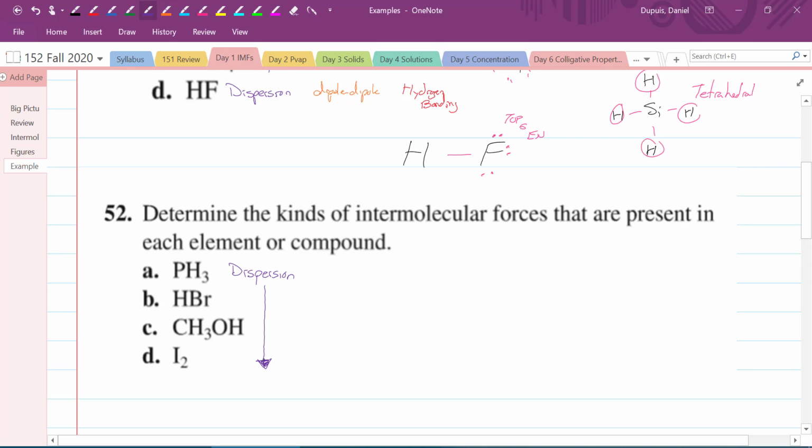Okay, PH3. Well, what does this look like? How many electrons? 5 plus 3, 8 electrons, right? P, H, H, H. 2, 4, 6, 8 electrons. It's trigonal pyramidal. So technically speaking, in our class, this will have dipole-dipole.